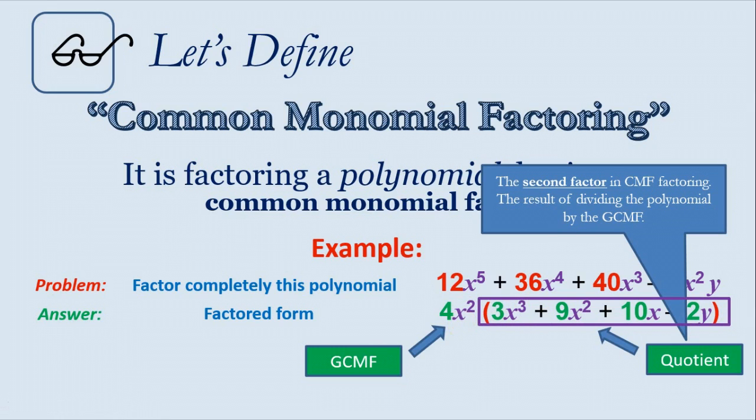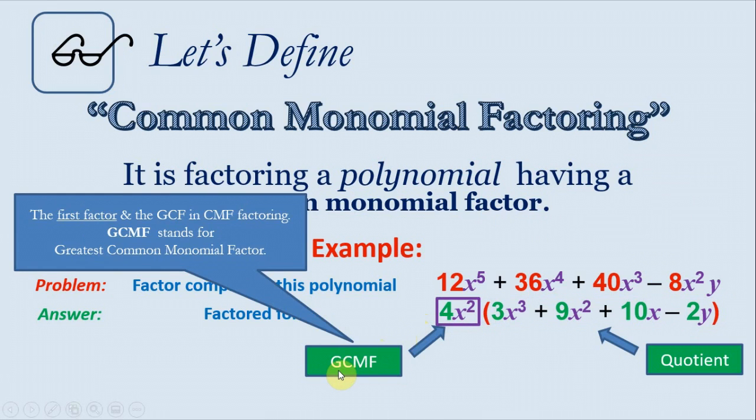Let's examine this problem more closely. 4x squared is the GCMF in our example. It is actually the GCF. Why? Because the number 4 is the GCF of the numbers 12, 36, 40, and -8.